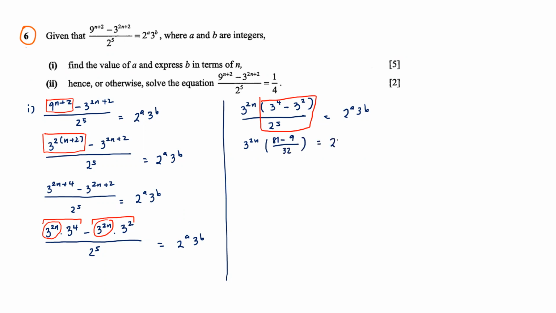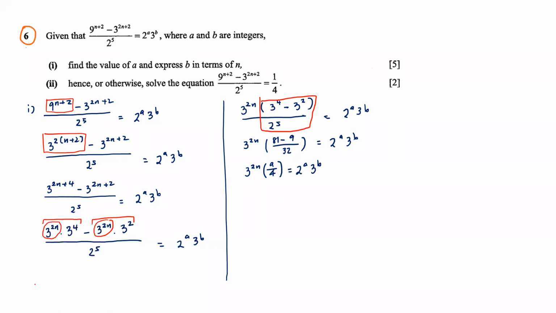So that would be equal to 2 power a, 3 power b. So 3 to the power of 2n. This portion over here, when I continue to work it out, I will end up with 9 over 4. Which is 2 to the power of a, 3 to the power of b.